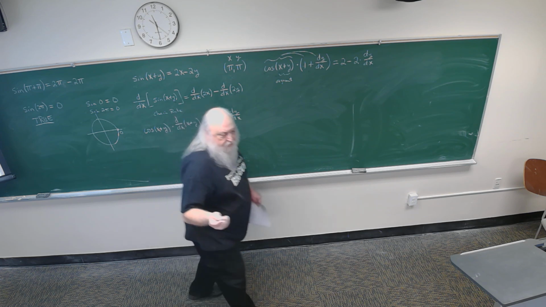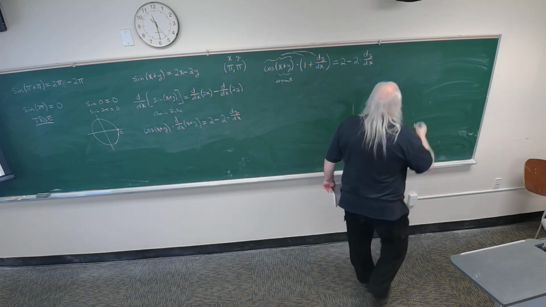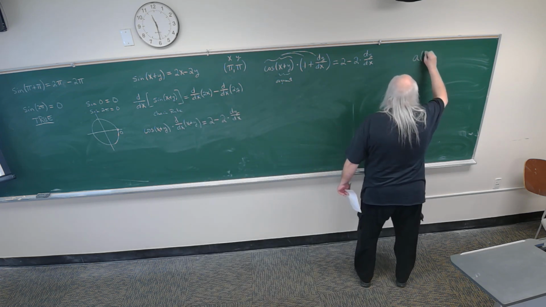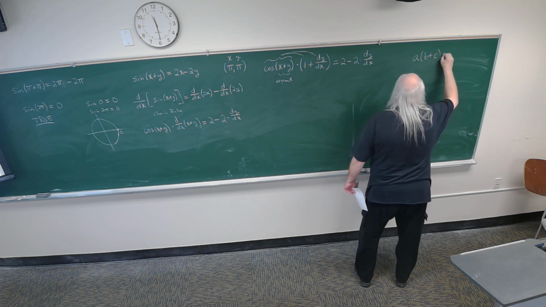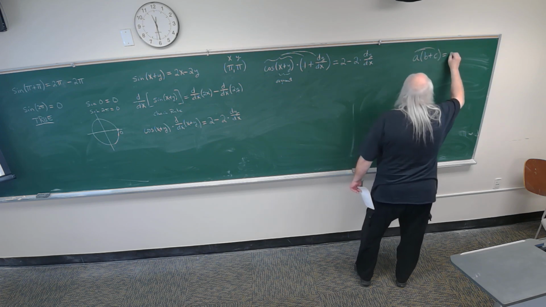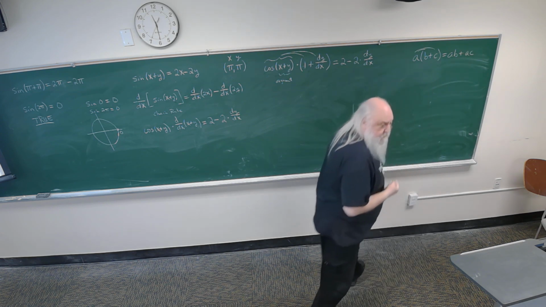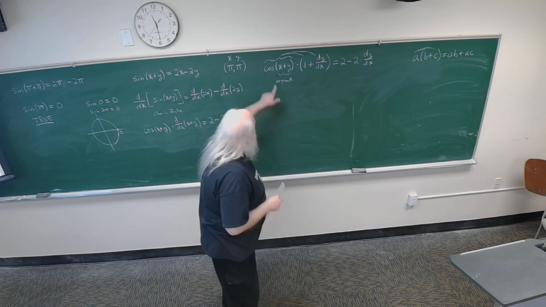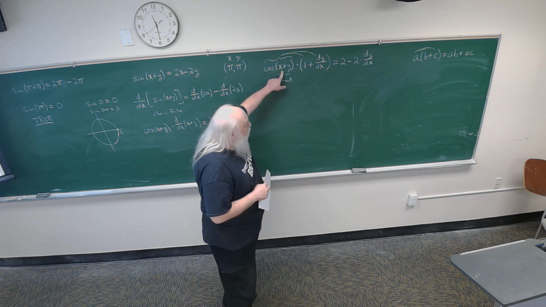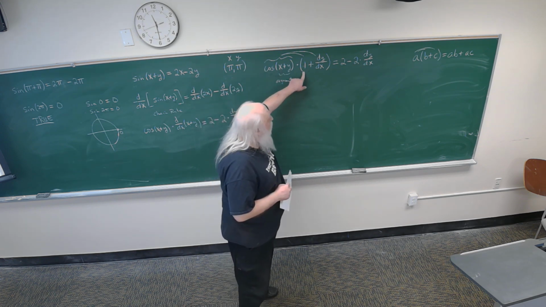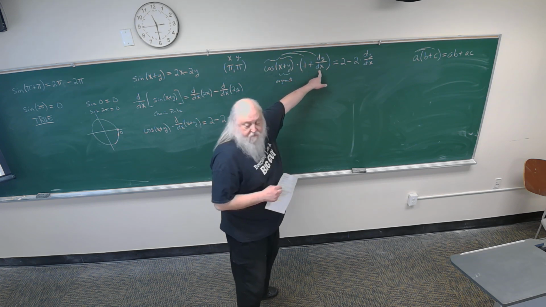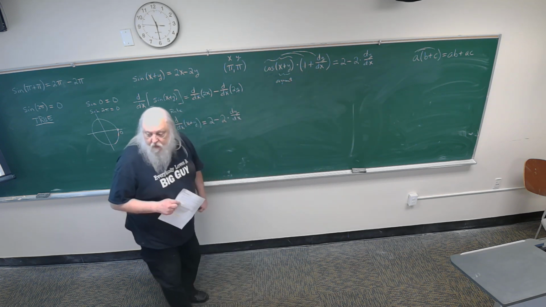Okay. Now you guys know the distributive property, right? A times b plus c is equal to ab plus ac, right? That's all we're doing. But our a in this case is cosine of x plus y, our b is 1, and our c is the derivative of y with respect to x. Okay?